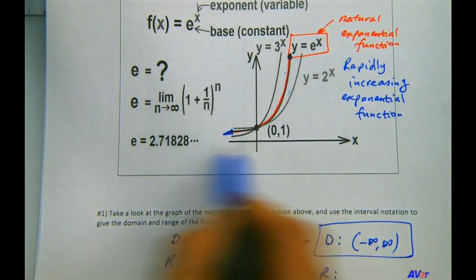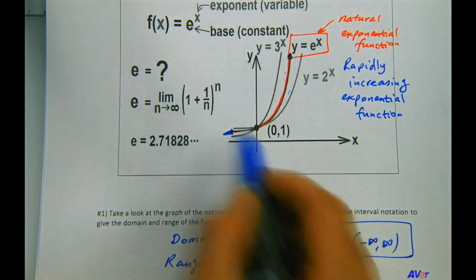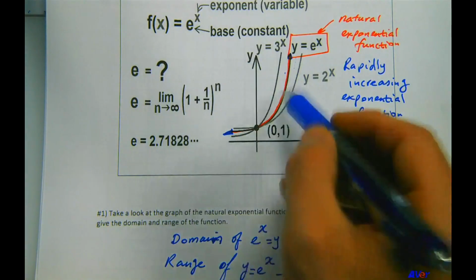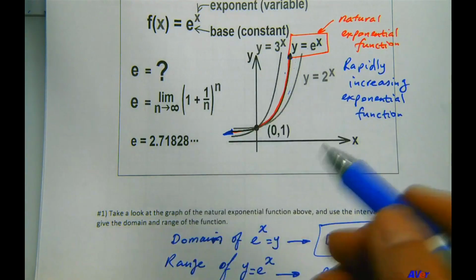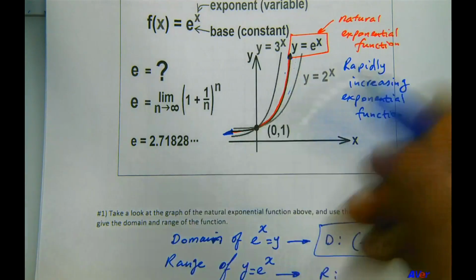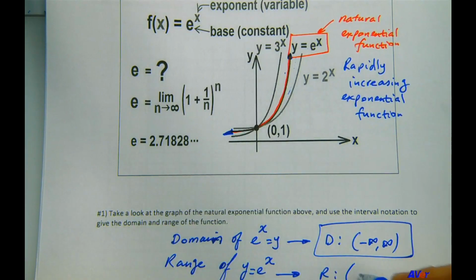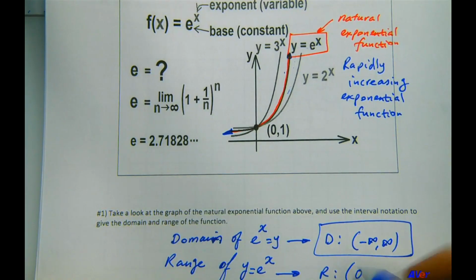So because 0 is what this function approaches without actually being able to attain that value, we say parentheses 0, not bracket, right? Bracket means 0 is an attainable quantity for this function, but 0 is not attainable for this function.